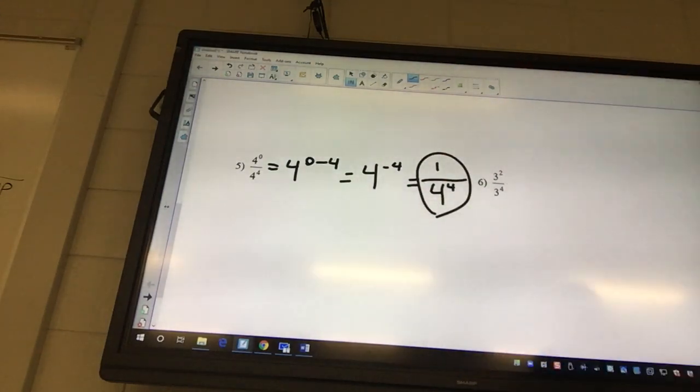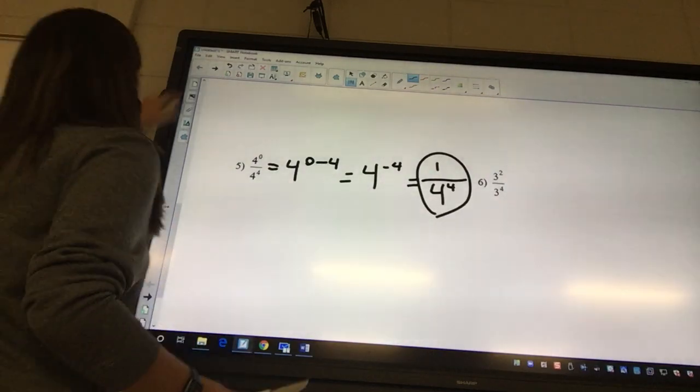Why do we not simplify? What is 4 to the 4th power? It would be 256. Why do we not write 1 over 256? We do leave it because these are just numbers. If there were letters, then you'd have to simplify that, okay?